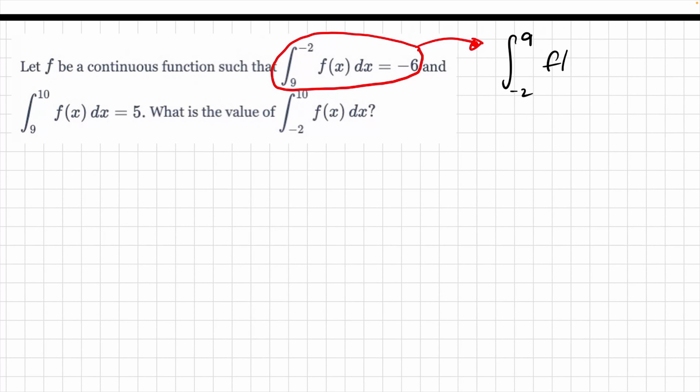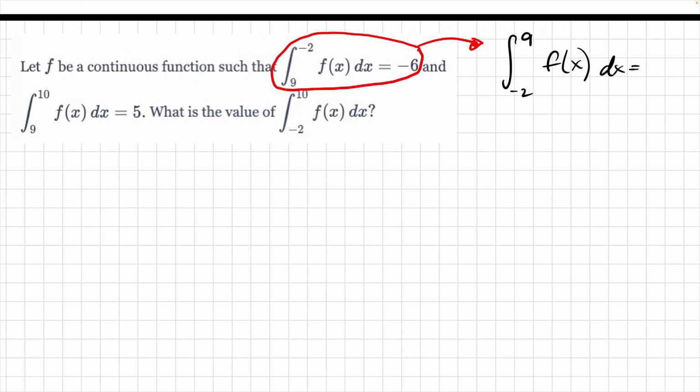What does that do when I flip the bounds? To flip the bounds, I can do that, but what do I also have to do? Put in -1, right? But they've already solved it for me and said it's -6. So you make the 6 positive.